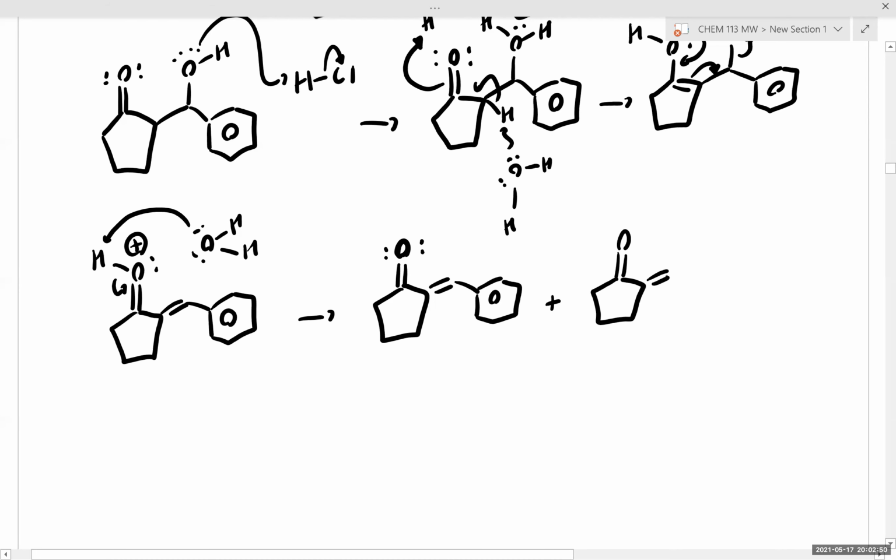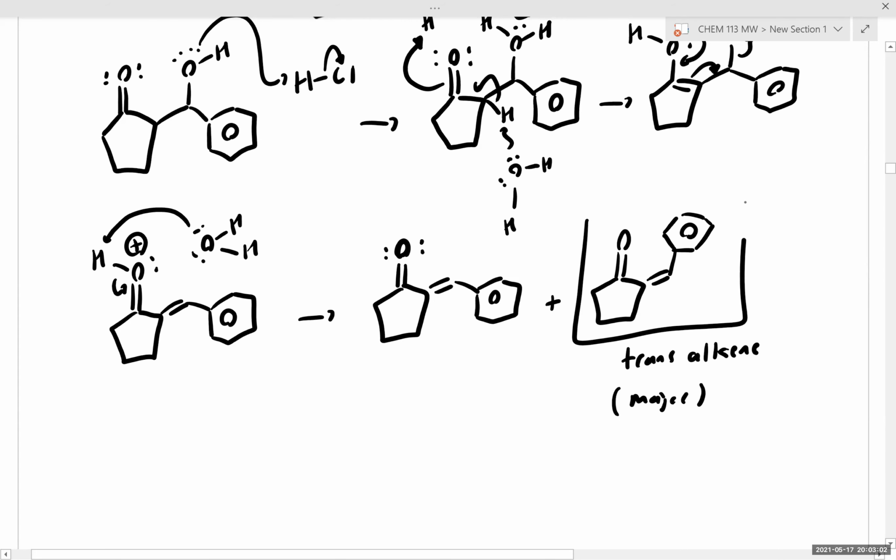Generally, from these dehydration reactions, we'd expect to see a mixture of products with the trans alkene being the major product, because in this elimination, you'd prefer to generate the least hindered alkene if possible.